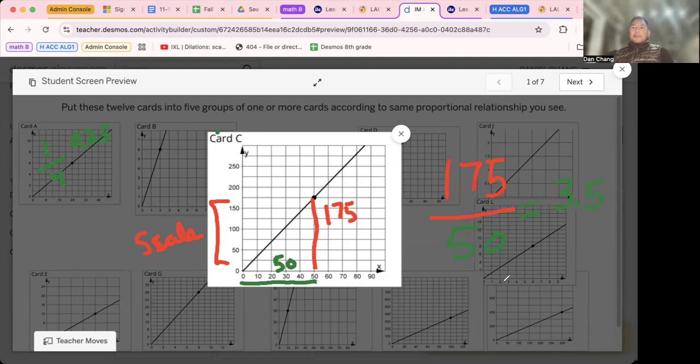And if I'm simplifying this as a fraction, 25 goes evenly into both of these numbers. 25 goes into 50 twice, and it goes into 175 7 times. So 7/2 is your slope. 7/2 is the same as 3.5. So your slope is 3.5. Okay, that's card C.